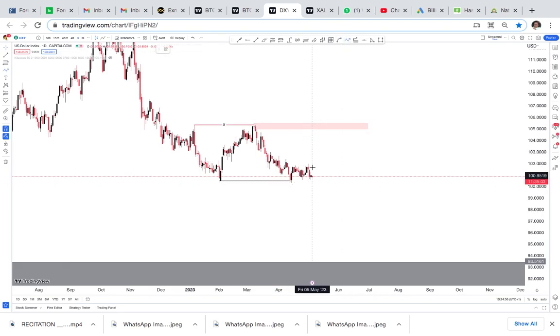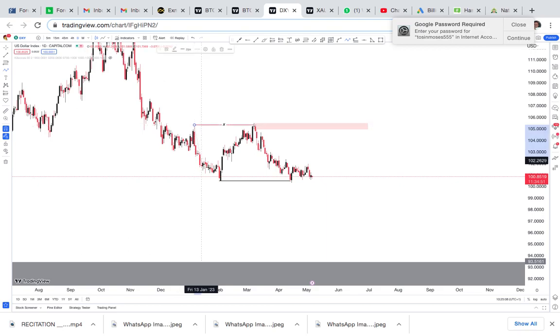I'm still expecting something like this. But instead, let me bring it up from here. We have this, took out this, then I'm expecting reversal back here.